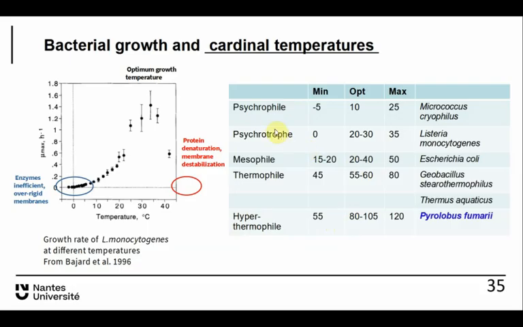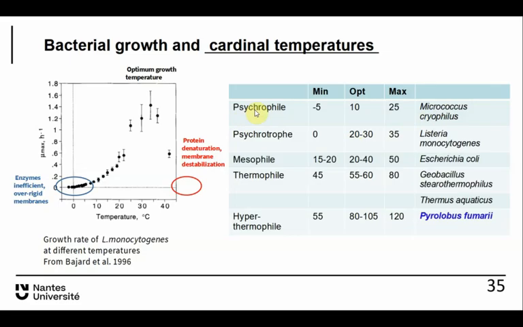Psychrotrophs can grow at low temperatures, but their optimal is still going to be 20 to 30 degrees. The maximum here is 35; Listeria monocytogenes can still grow up to about 40 degrees. This is genuinely true for most psychrotrophs, and Listeria can grow at the high end of this scale.